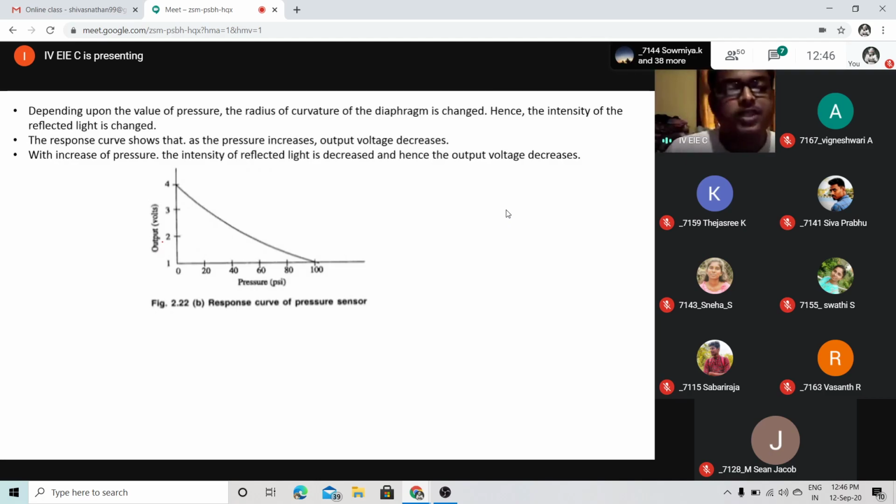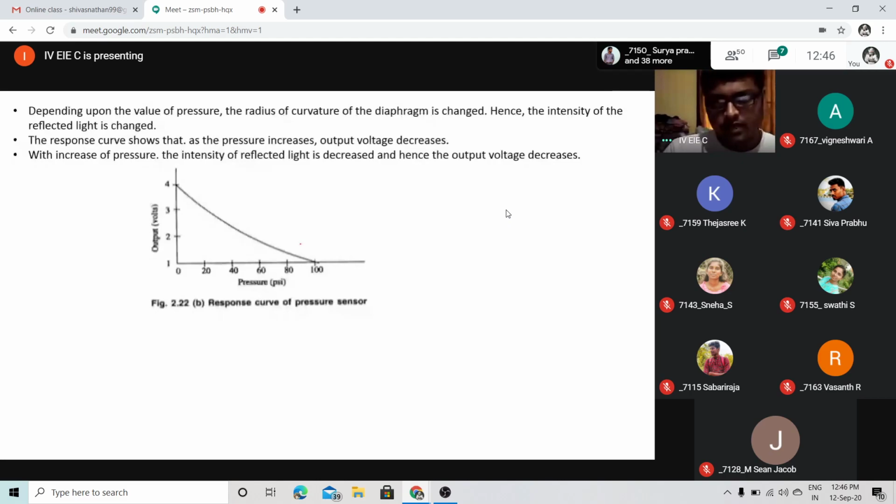You know the conversion of energy in a photodetector circuit from light energy into electric energy. So if my intensity variation happens, my light energy is going to decrease, such that the electric energy that is coupled over will also change. Similarly, this is how the response curve for a pressure sensor based upon the fiber optic cable will work.